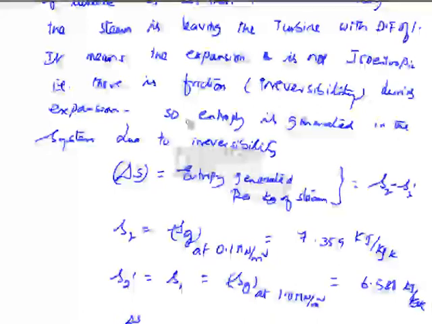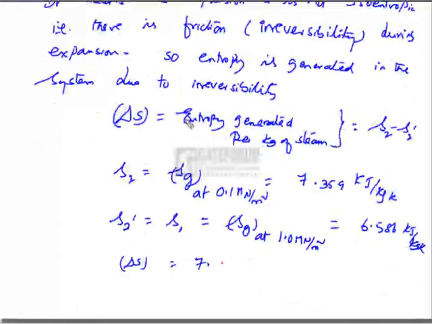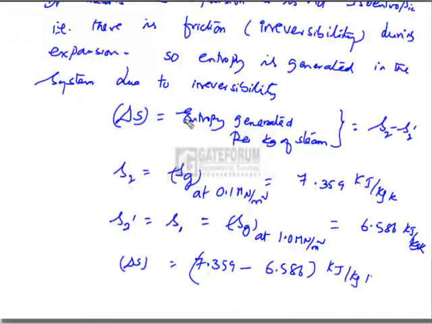Therefore, delta S is equal to 7.359 minus 6.586 kilojoule per kg Kelvin. This is the entropy generated per kg of steam.